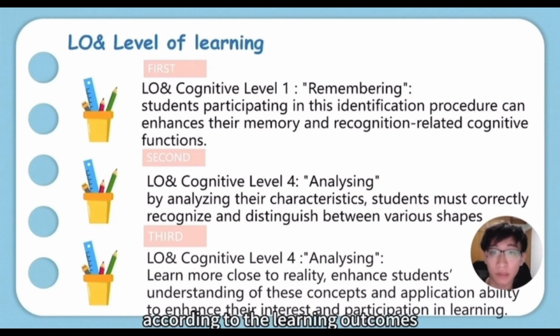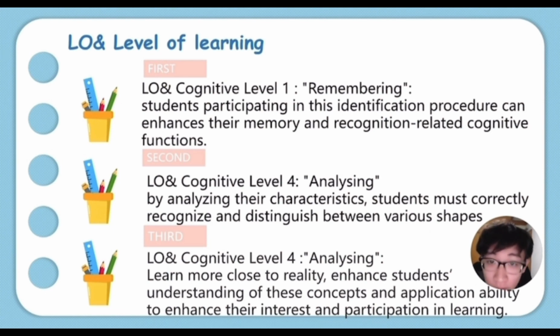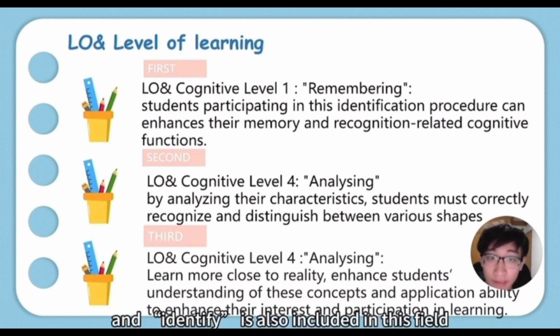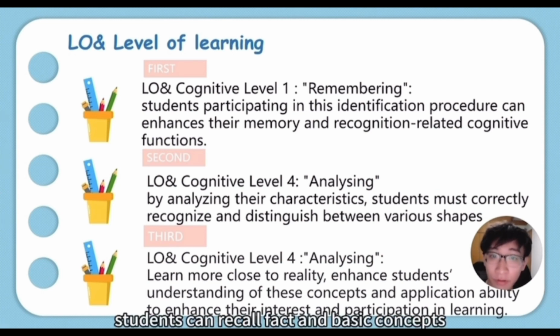According to the learning outcomes and the level of learning, we designed our assessment tasks. So now we want to justify why the items we set are relevant. Task 1's learning outcome is designed at cognitive level 1, the domain of remember, and identify is also included in this level. At this level, students can recall facts and basic concepts.